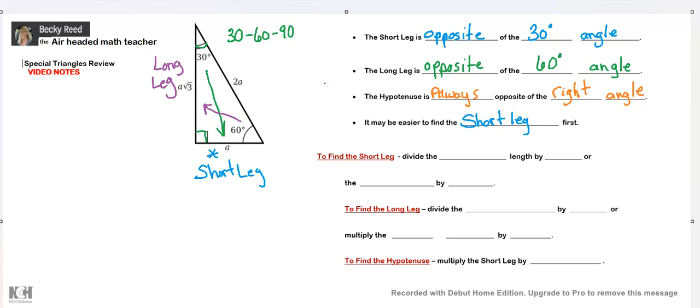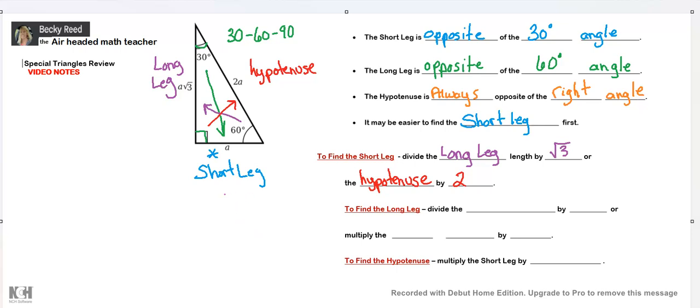Again, it's not always easy to eyeball these, and it's really not correct to do that. Anyway, now the hypotenuse over here is always opposite of the right angle. Okay?